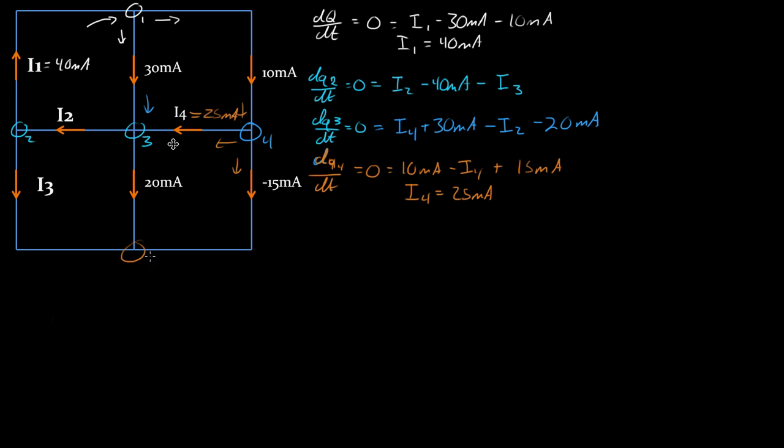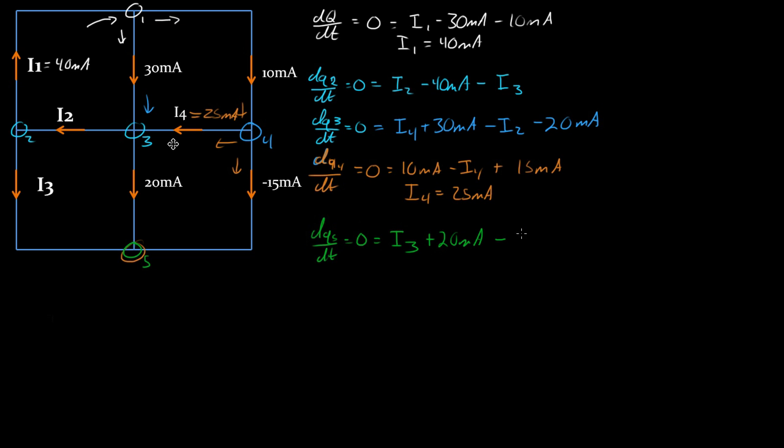And lastly, let's go to this one, node 5. Again, we assume the change in charge at node 5 with respect to time is equal to 0. So we have I3 coming in plus 20 milliamps, and we also have an additional 15 milliamps coming in this way.